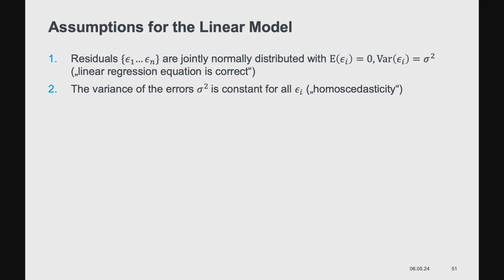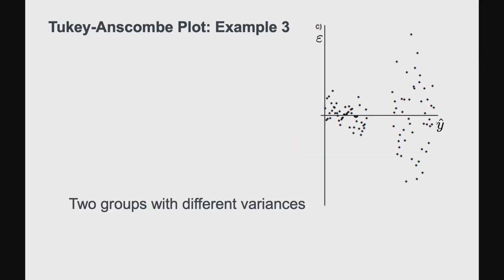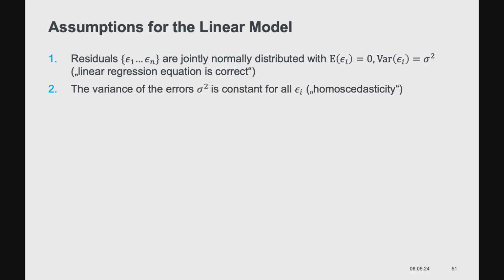We assume usually that the variance of our errors, our sigma square, is constant for all our observations. Now, of course, here we had a counterexample. Here, the variance of the errors was not constant because here the variance was small and here the variance was large. So this would be a counterexample for having constant variance.